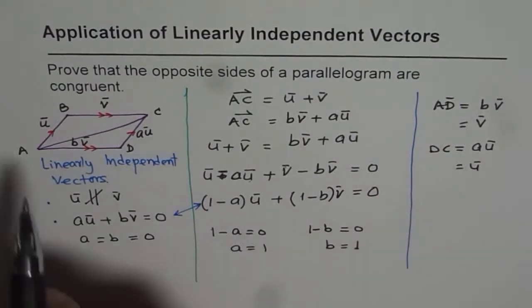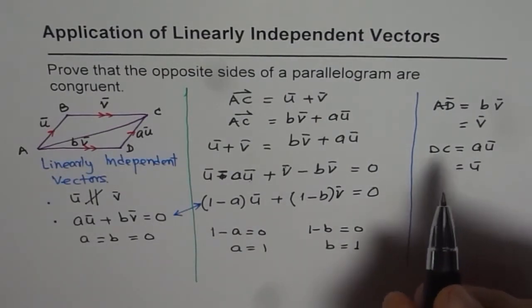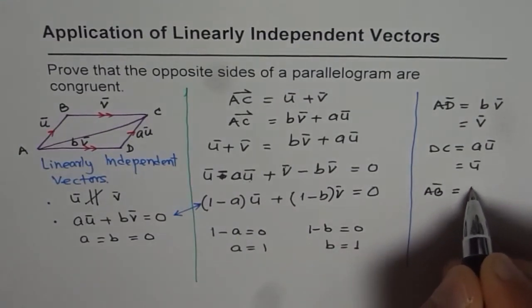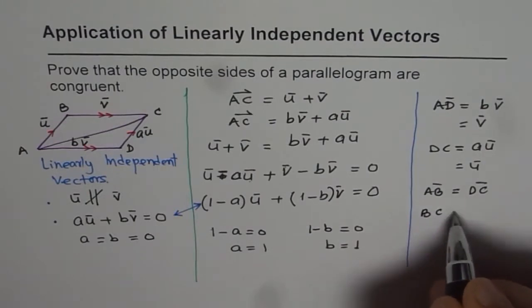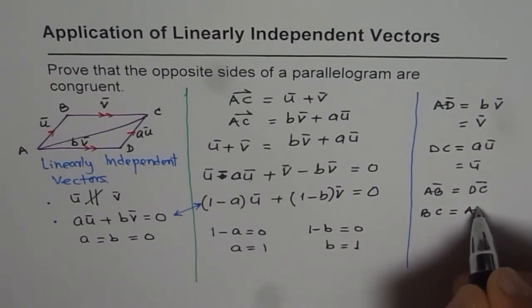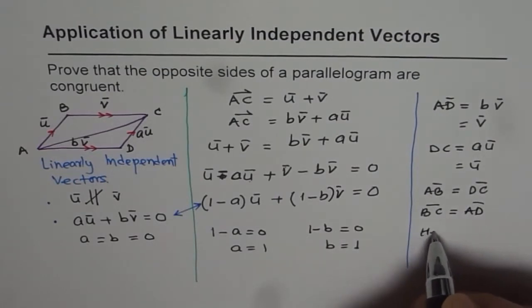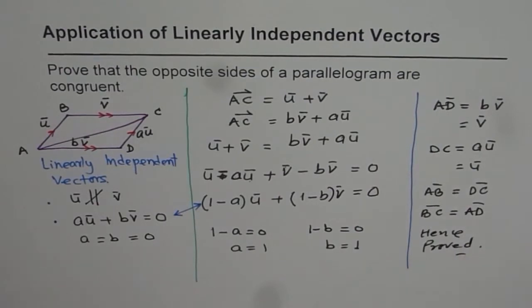So we have proved that the opposite sides are exactly the same. That is how we prove that AB is equal to DC and BC equals AD, using the properties of linearly independent vectors.